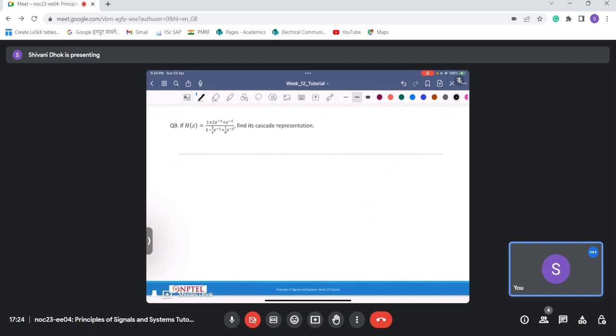The next one is the cascade representation. So here what I can do is, let's say this H(z) I can write as (1 plus z inverse) square upon (1 minus 1/4 z inverse) into (1 minus 1/2 z inverse), and this I can write as (1 plus z inverse) upon (1 minus 1/2 z inverse), and (1 plus z inverse) upon (1 minus 1/4 z inverse).